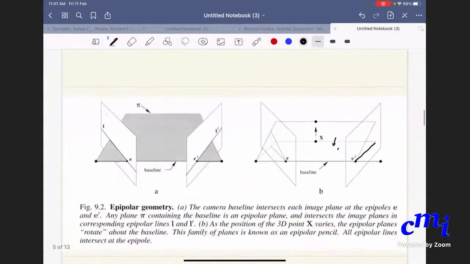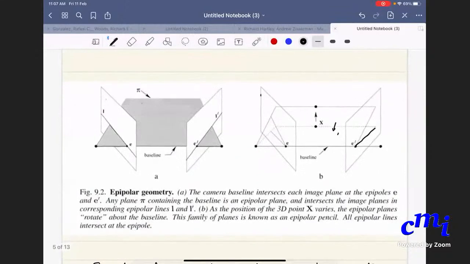What happens now is that when you have two image planes, this is your first image plane, and this is your second image plane. If you fix an epipolar plane, say this one, then you get the intersection of this epipolar plane with the first image plane, say this one, and with the second, this one.